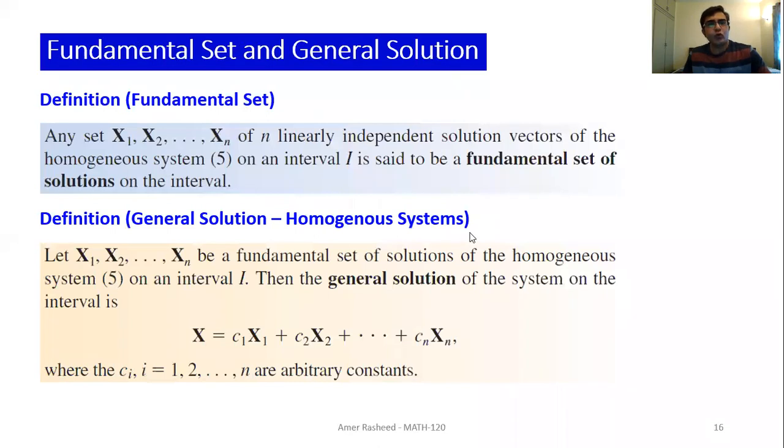Next is fundamental set and general solution. Now, what is the fundamental set?